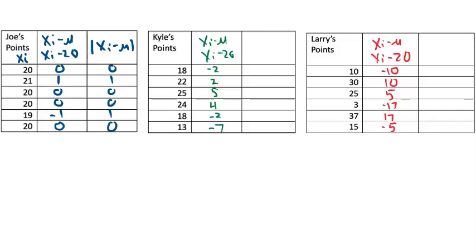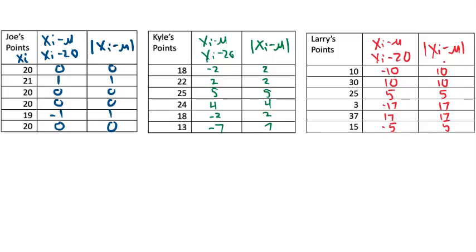And then, of course, over here, we get 2, 2, 5, 4, 2, 7. Again, this is absolute value. We're going to call it xi minus mu, which means the data point minus the average. And then over here, all we're doing, taking absolute value is very easy. You can do it in your head. You just take away the negative if there's a negative. So that's that.